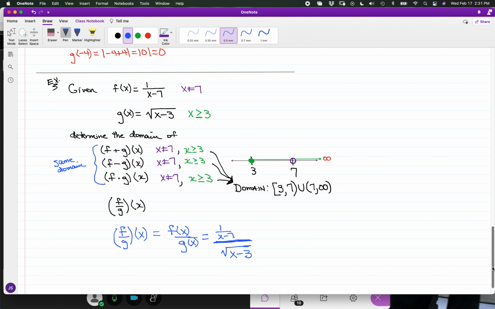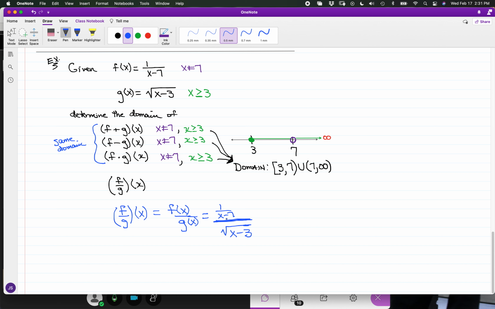And guess what? We have the conditions here. We still have that f of x must be defined. Here we have f of x as the fraction 1 over x minus 7, so we still have that x cannot be 7. Now, if you notice, in the ratio you have g of x, the square root of x minus 3.